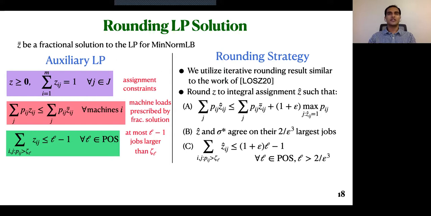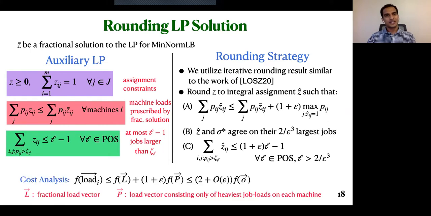First, the load on each machine exceeds the prescribed LP load by at most 1 plus epsilon times the largest job that is processed on that machine. Next, Z hat and sigma star agree on their respective 2 over epsilon cubed large jobs. Lastly, for Ls in pos that are larger than 2 over epsilon cubed, the number of jobs in Z hat that are larger than zeta L is at most L-1 plus epsilon L.